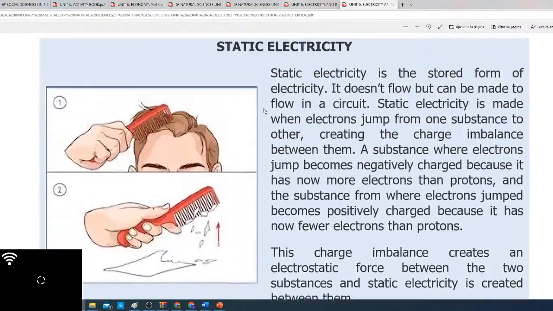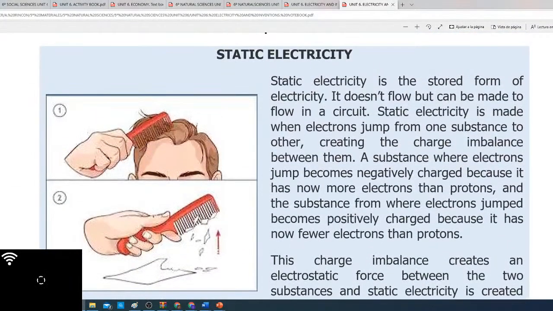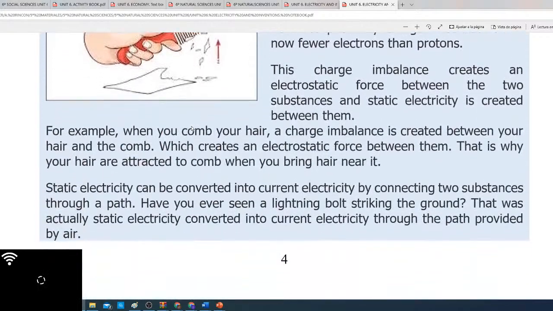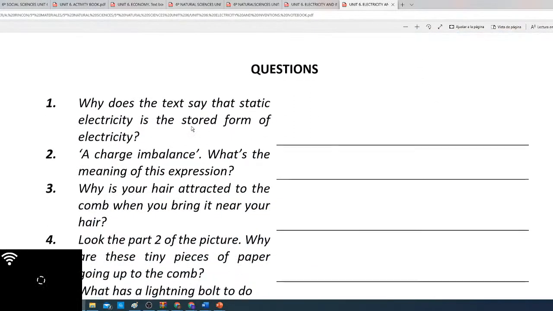Remember, when you are combing your hair, static electricity can be produced. Why? Because when you are combing your hair with this plastic comb, you are rubbing your hair, and your hair is rubbing the plastic, and that produces static electricity. And you have here some questions.